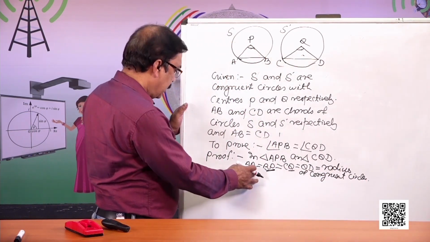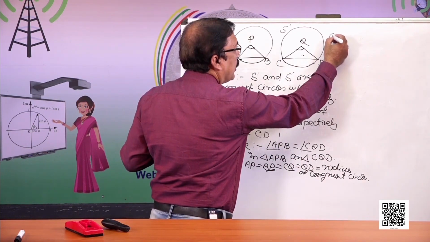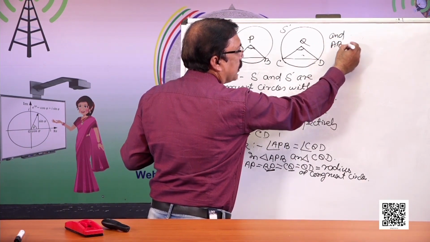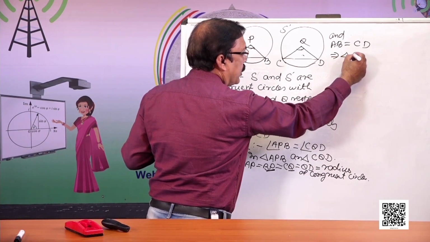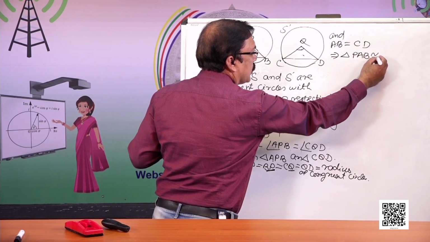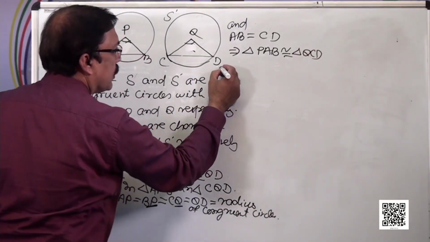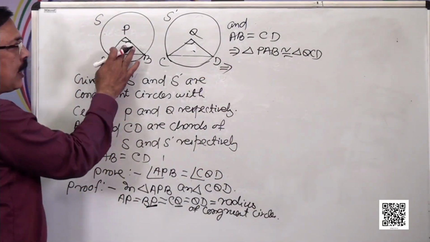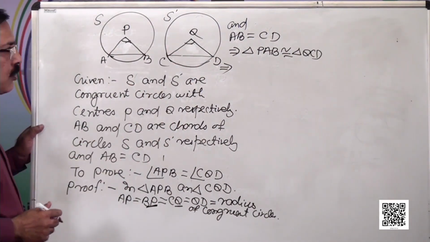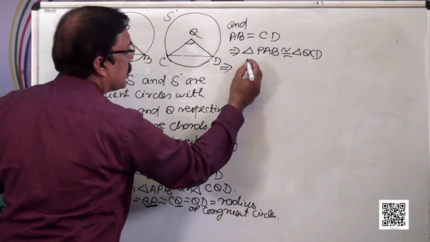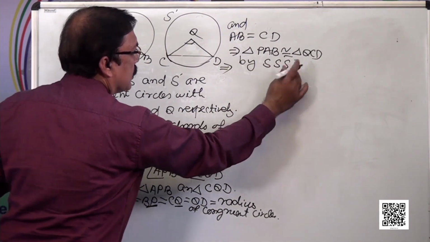Now, the third condition is AB is equal to CD. This implies triangle PAB is congruent to triangle QCD. As the two triangles are congruent, their corresponding parts are also equal. So here this congruency is by side side side congruency.